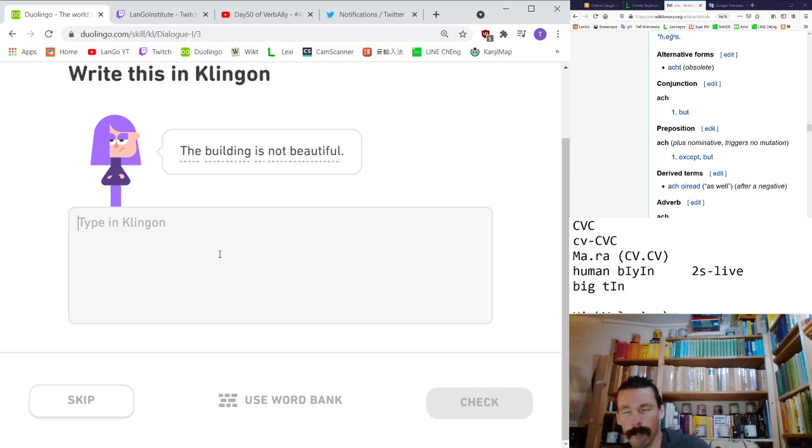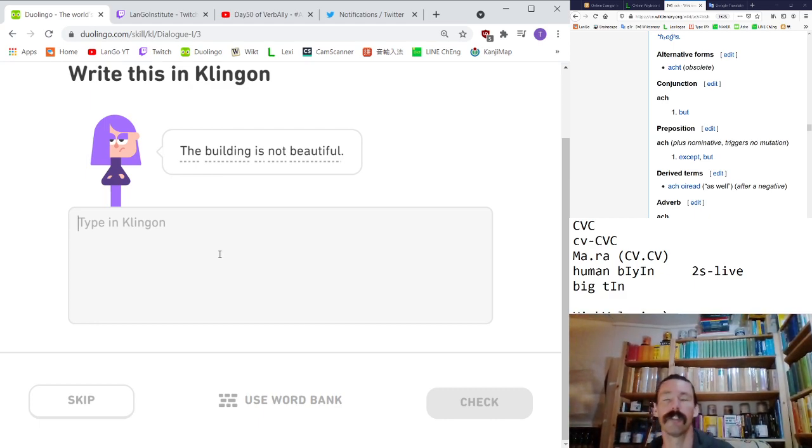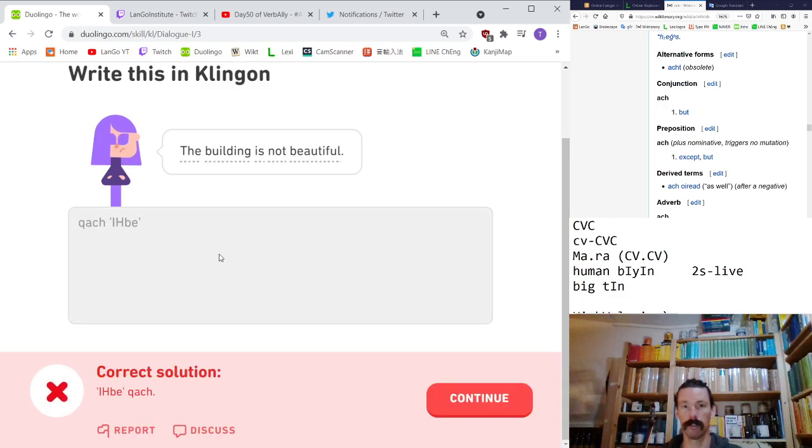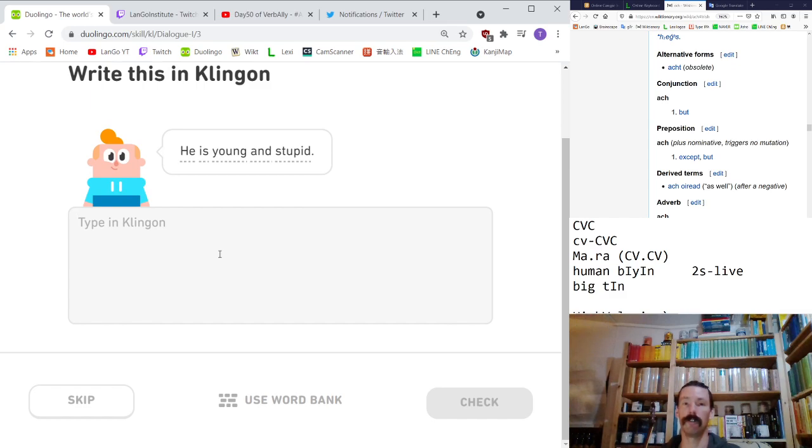The building is not beautiful. Hutch. Ich bet. Oh, wrong order. First, the verby part. Ich bet, and the subject last. He is young and stupid. I think we don't need a word for he, just young.